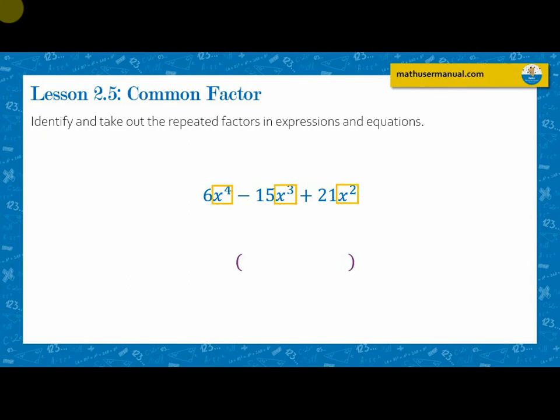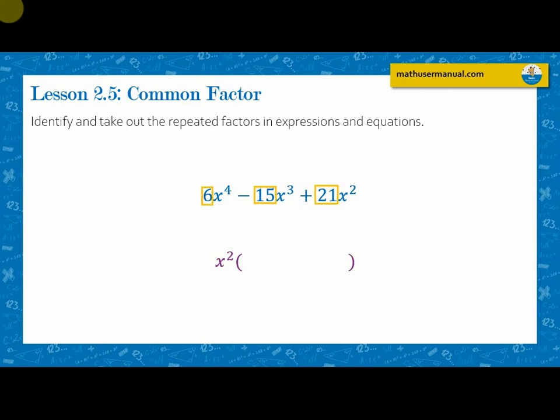The first one has an x to the 4, then we have an x to the 3, then we have an x squared. Which of the x's do we take? We always take the x with the smallest exponent. So because x squared is the smallest exponent, we take an x squared out of each one of these terms. But after we look at the x's, or the variables, we now also need to look at the numbers and see if they have something in common.